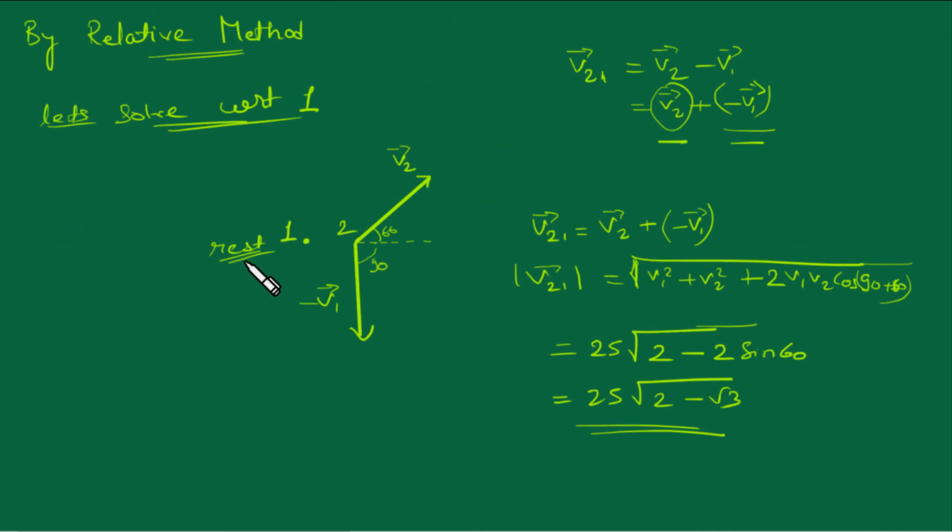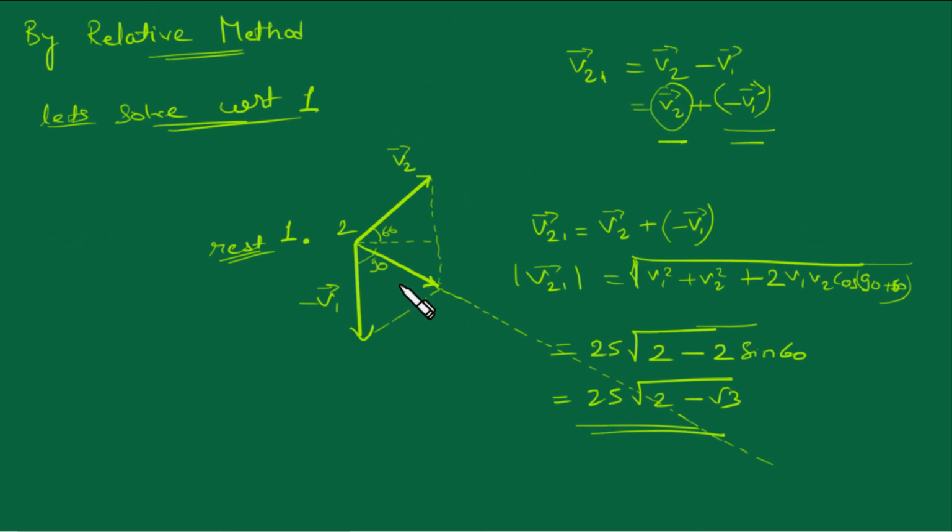So this is the velocity as seen by 1. What is being observed by 1? 1 is at rest, simply he is at rest, and he is finding that particle 2 is now moving in this direction, and it continues to move in this direction, and the distance keeps on increasing.